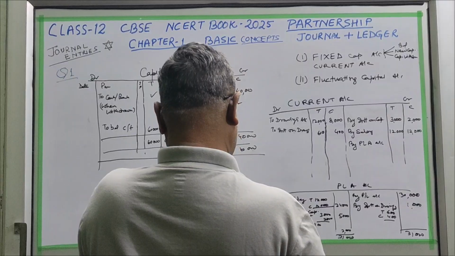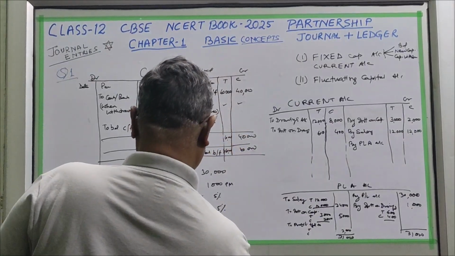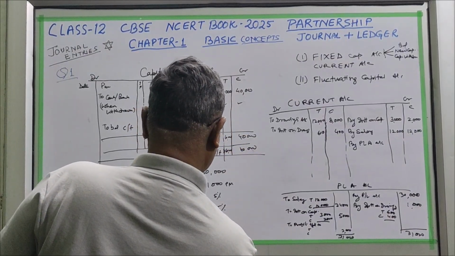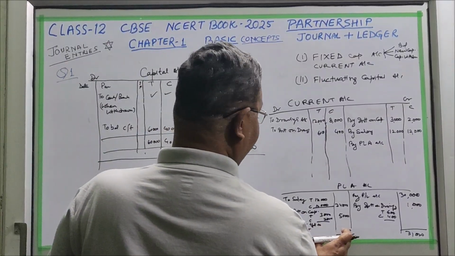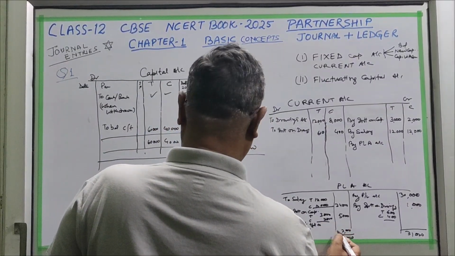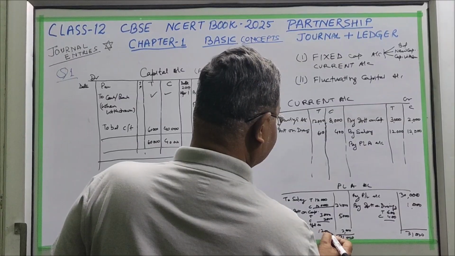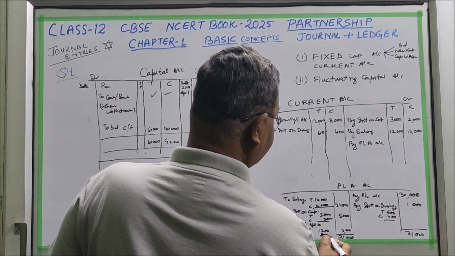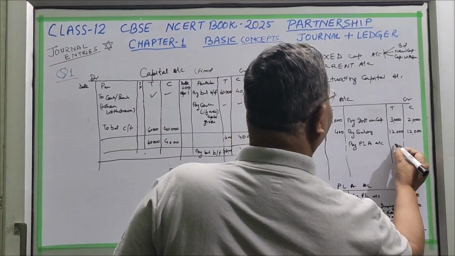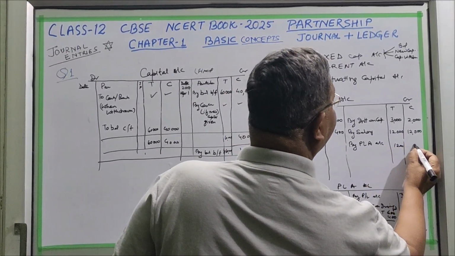But here in the question their ratio is 3:2. Ratio 3:2 is given, so we will divide it in 3:2, by 5. So one will get 1,200 and the other will get 800 rupees.